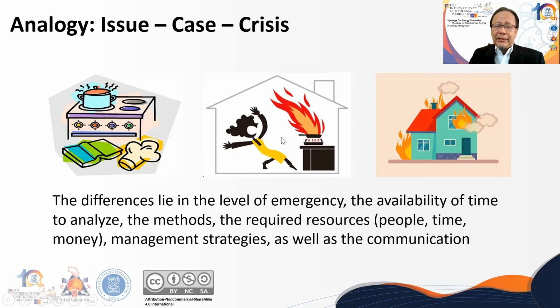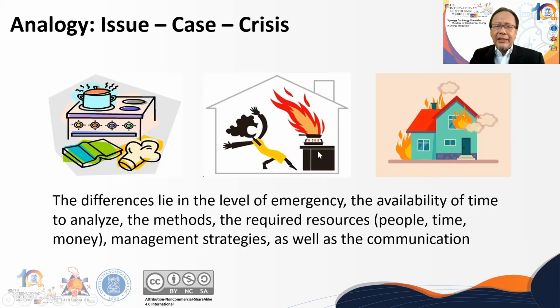Then the owner has to stop the fire. Otherwise, if she or he doesn't know how to manage it, the fire will become a crisis. It is more difficult because it requires other people's help, and it also impacts other houses.